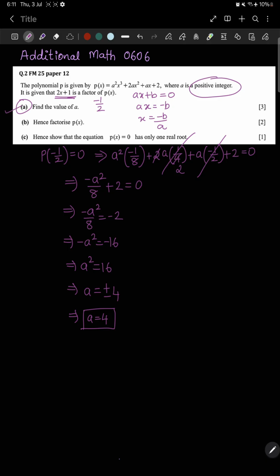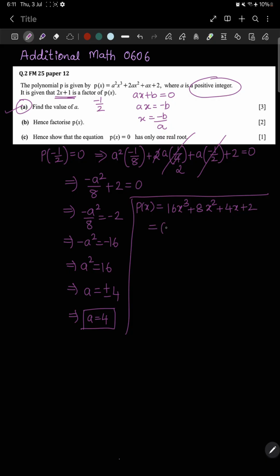Next, factorize p(x). So before factorizing, let me just rewrite this with the given value of a. So I write my p(x) as 16x cubed plus 8x squared plus 4x plus 2.